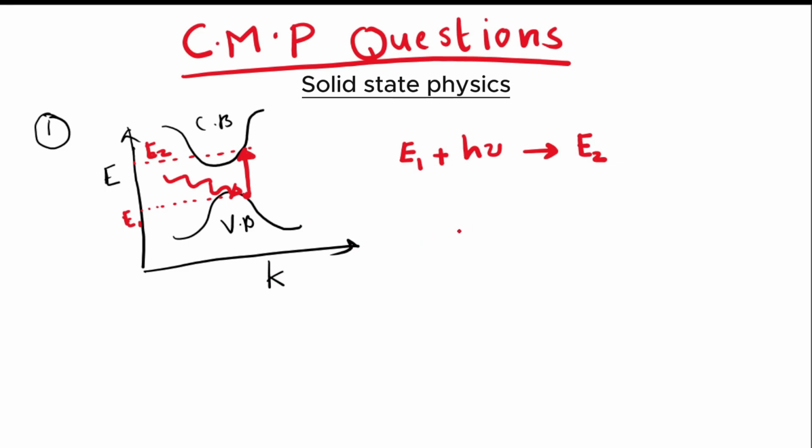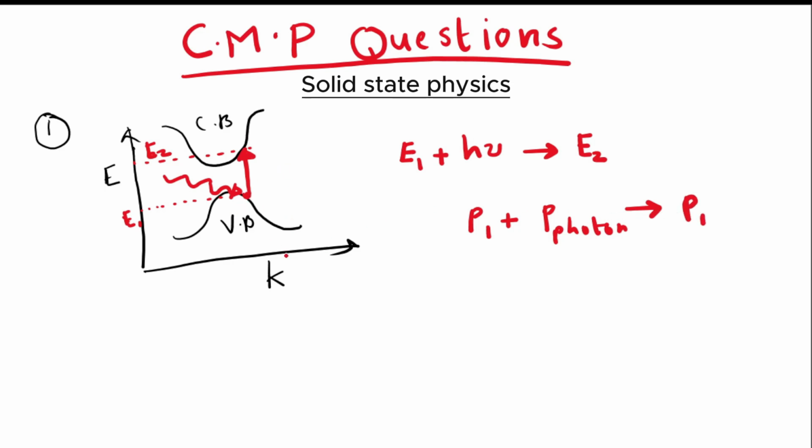If what I said now is true, then suppose P1 is the initial momentum of the electron. Then there will be some momentum of the photon, right? Let's take it as the momentum of the photon. Giving P1, because momentum K is not changing.